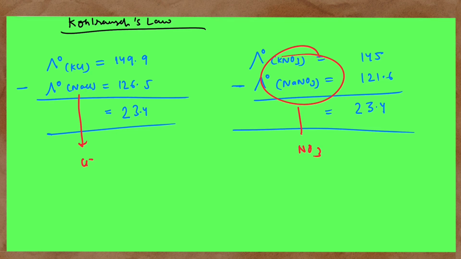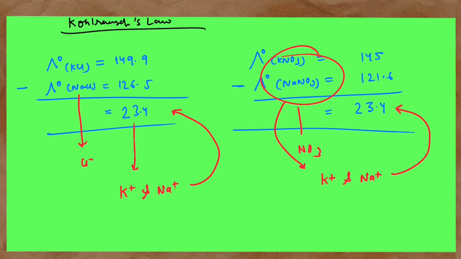So by subtracting these molar conductivities, we can assume that this value is because of K and Na. Maybe they both are contributing. Here also we can conclude that K plus and Na plus are contributing to 23.4.